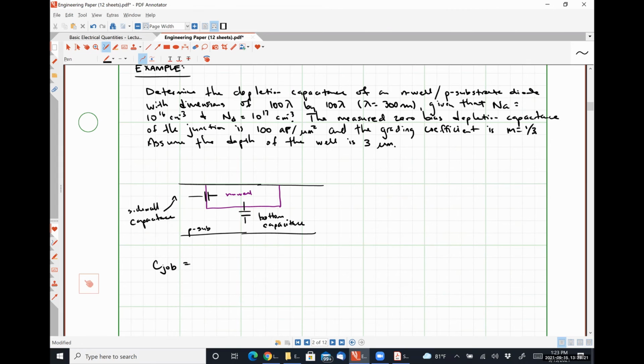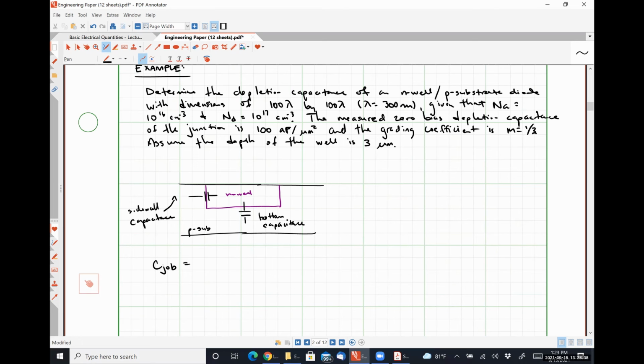You multiply the area times 100 aF. Yeah, so we know what the capacitance is per micron squared. So we really just need to know what area to get the capacitance by itself, right?